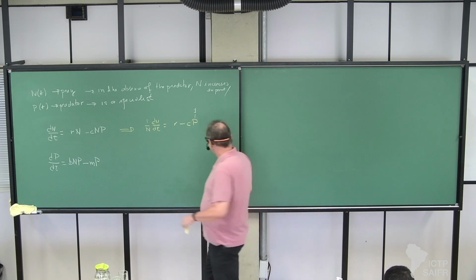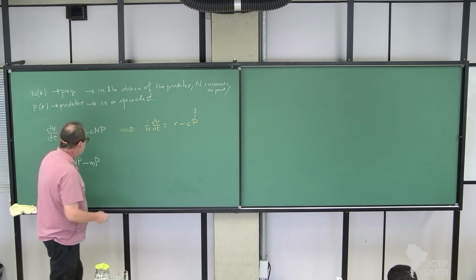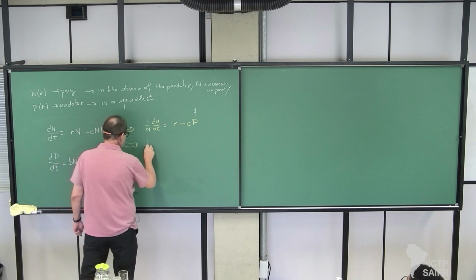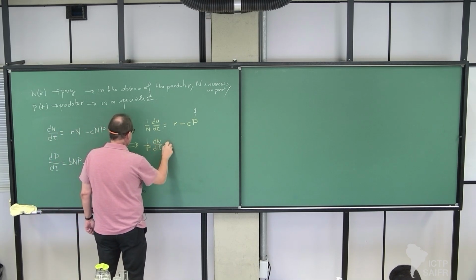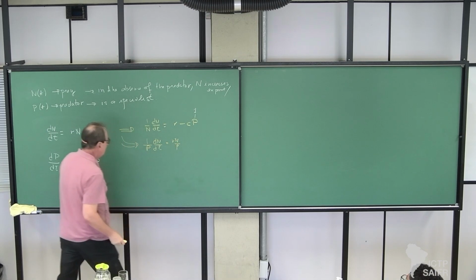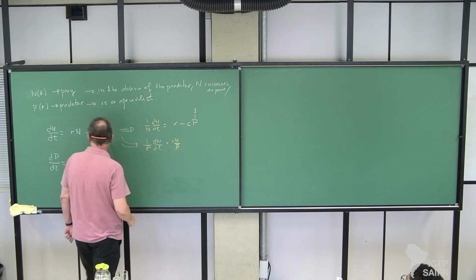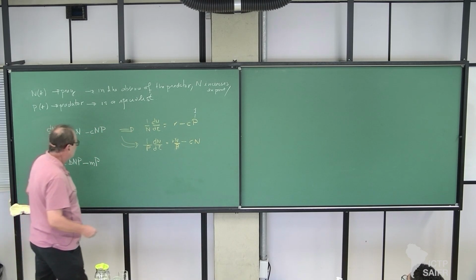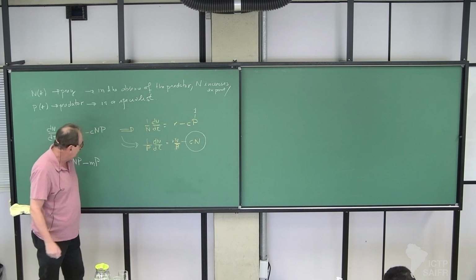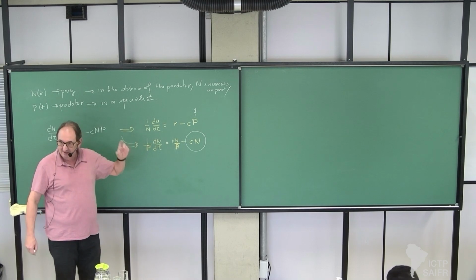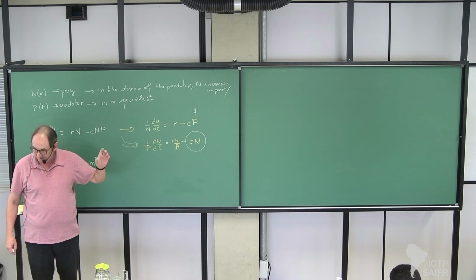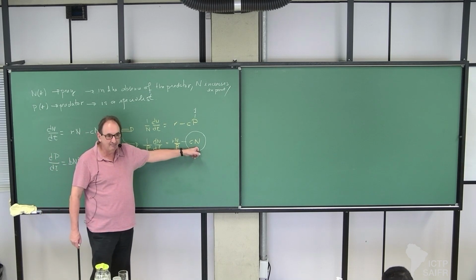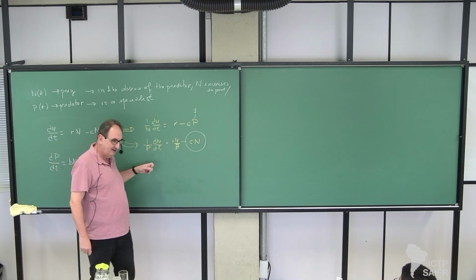Now I could have written this also in a different way. I could have divided everything by P, and I have dN/dt over P. Then I would have something very weird here, but I don't want to think about this now. I just have minus c times N here. This says that we are focused on this term: the variation in the population size in time per predator, and it's proportional to the number of prey.